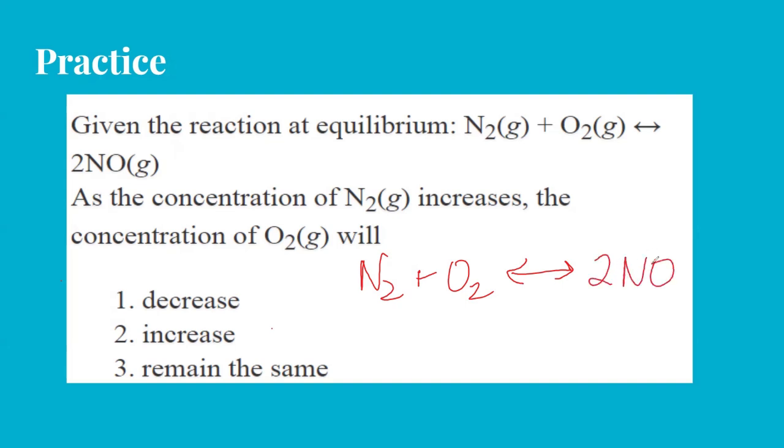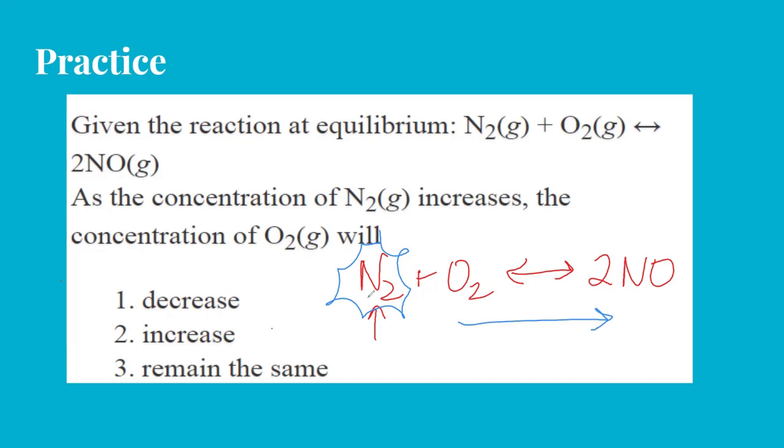If I increase the amount of N2, the reaction will try and fix whatever you broke. If you make it take too much N2, it's going to say, I had enough N2, I'm going to try and put the amount of N2 back to what I had before you came and messed with me. The only way to do that is to use it up by going forward in the reaction.